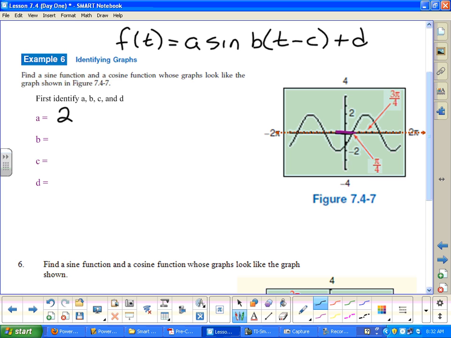The value of B is 2 pi divided by the period. B equals 2 pi divided by the period. Well, how long is the period in this case, or how long does it take to repeat itself?